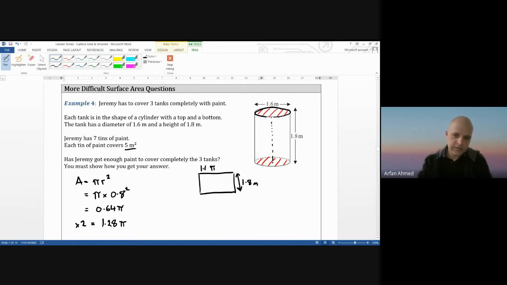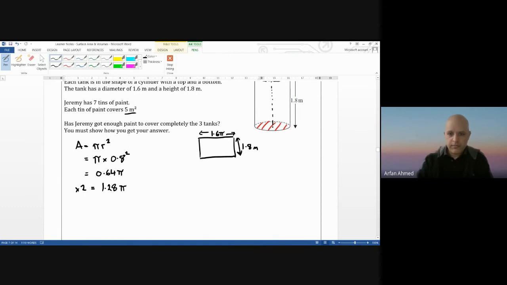Let's call it 1.6 pi from there to there. In fact, let me just write that in the middle. 1.6 pi. Yeah, and that's from there to there. So the area of this shape is going to be 1.6 pi times 1.8.